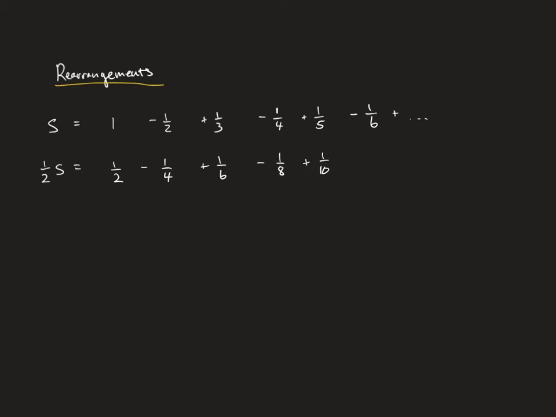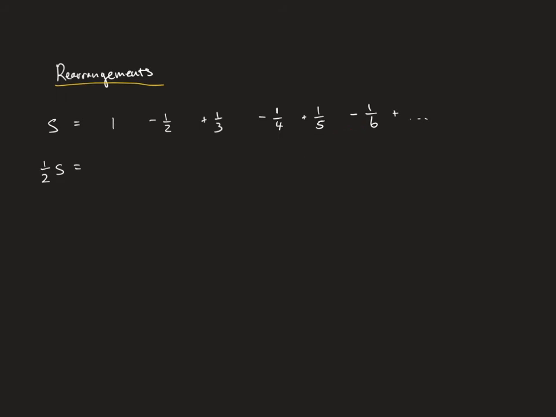But you might notice here that 1/2 and minus 1/2 sort of match up here. And minus 1/4, minus 1/4 match up here. 1/6 and minus 1/6, they match up here. And so maybe it'd be better to line things up to make this match.